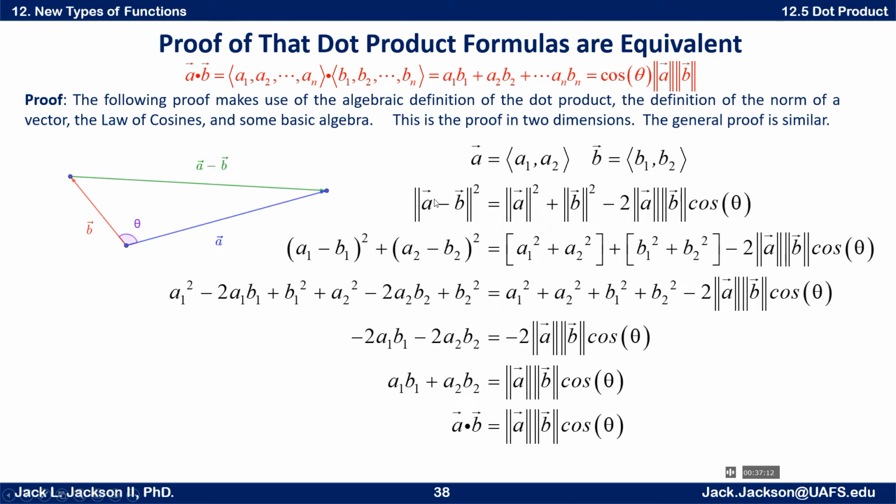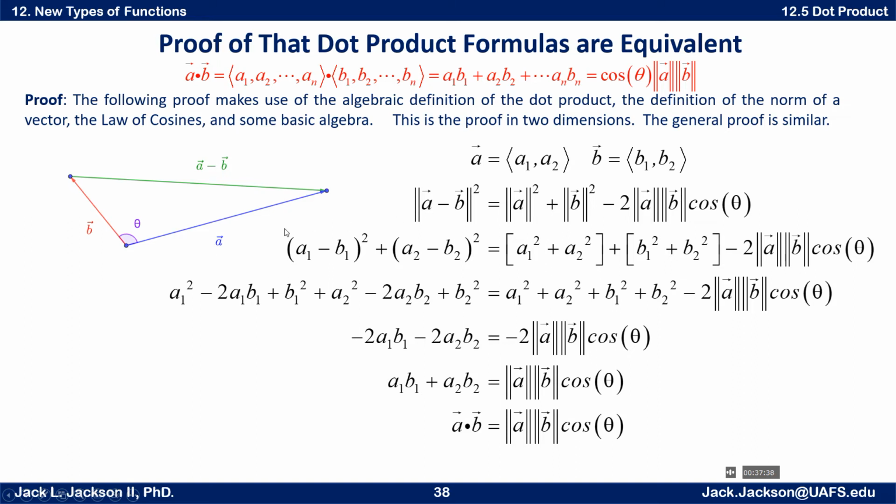All right, now what is A minus B squared? Well, A minus B is A1 minus B1, comma, A2 minus B2, and we want to find the norm and square it. Well, the norm says square each of those things, A1 minus B1 squared plus A2 minus B2 squared, square root, but then you want to square it.